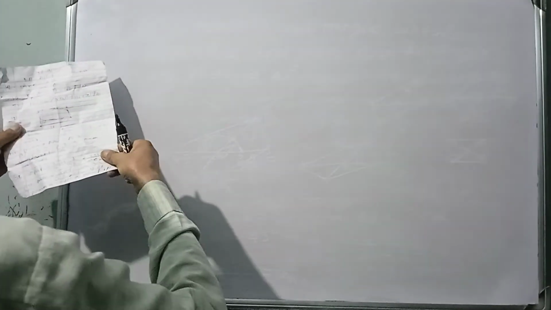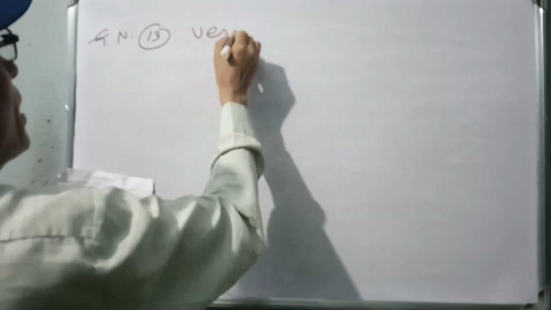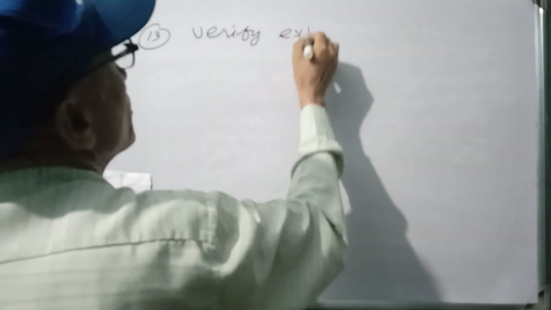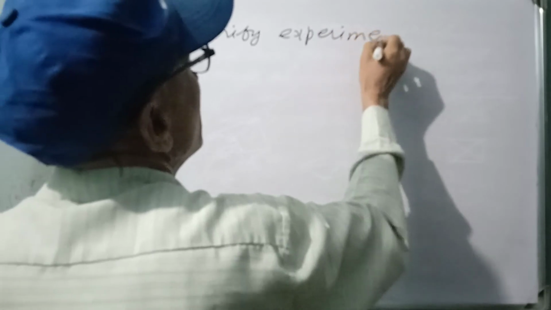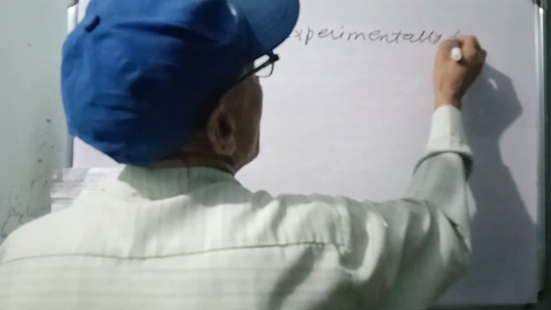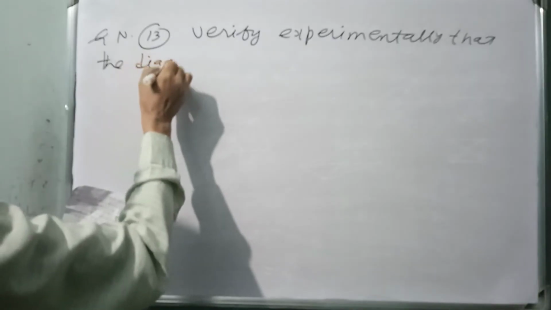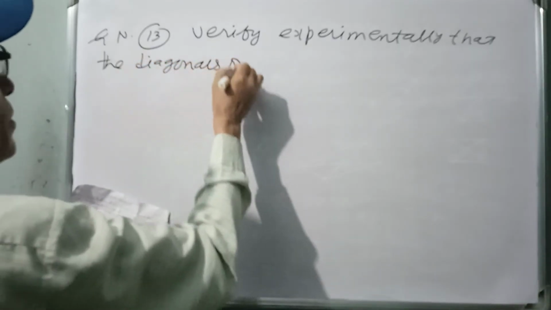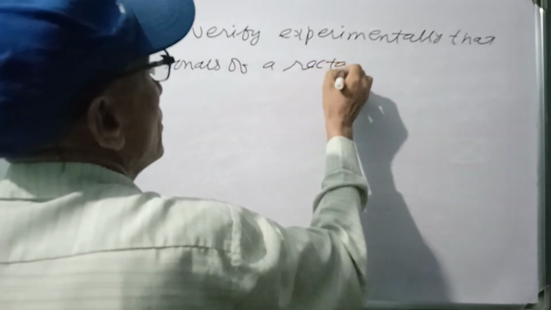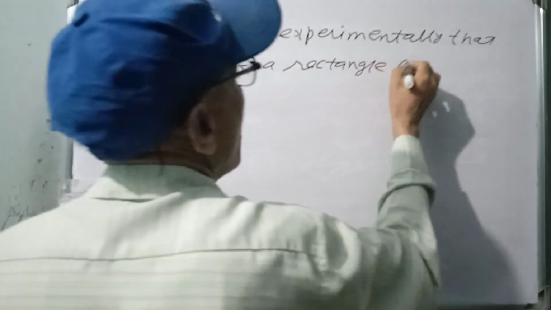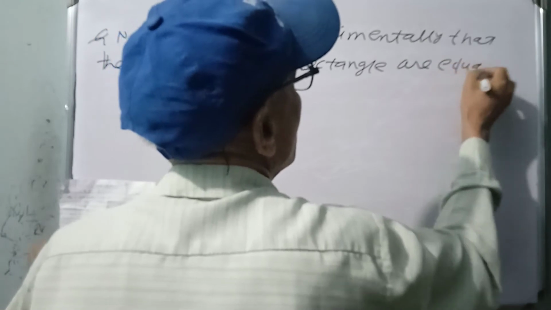Another question is also there. Question number 13. Similarly, verify experimentally that the diagonals of a rectangle are equal.